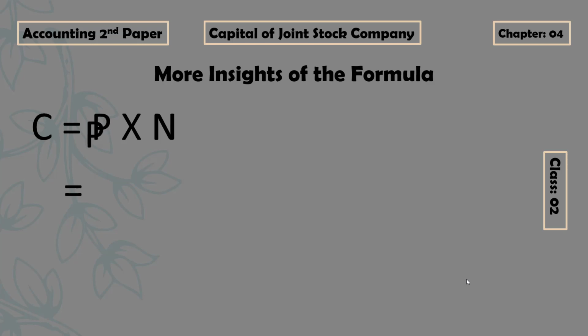Here we will find P, and the formula is C divided by N. That means if we divide total capital by number of shares, we will find the price per share.